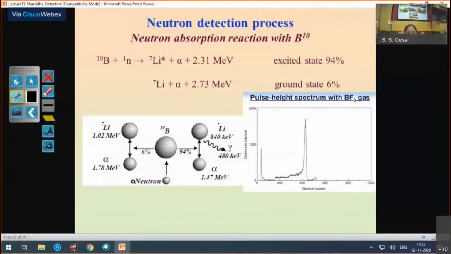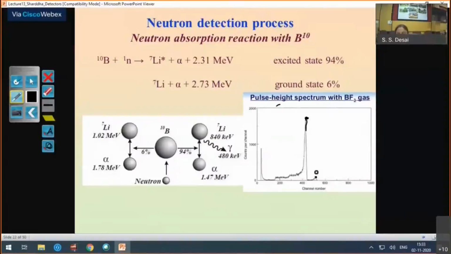So this energy of 1.02 and 1.78 MeV is again reflected here. You can see this pulse-height spectrum, with the peak at 2.31 MeV and this other one at 2.78, the ground state peak.